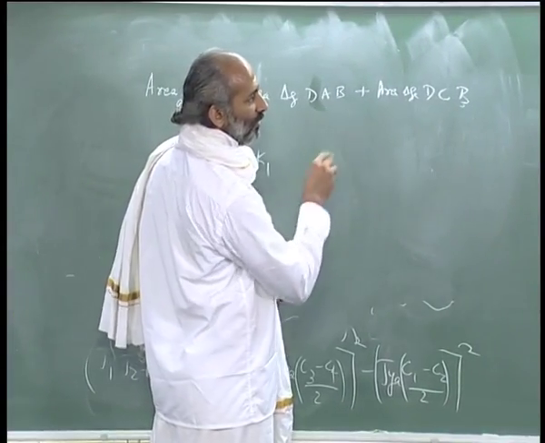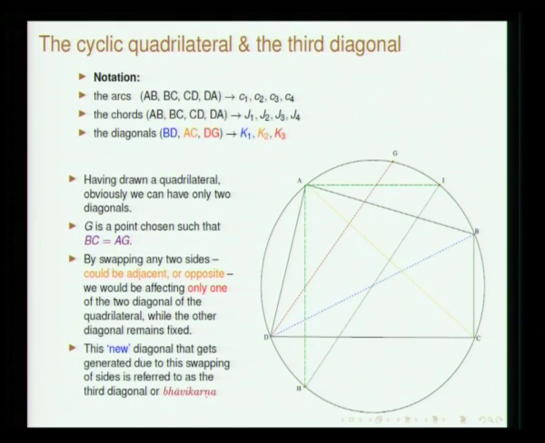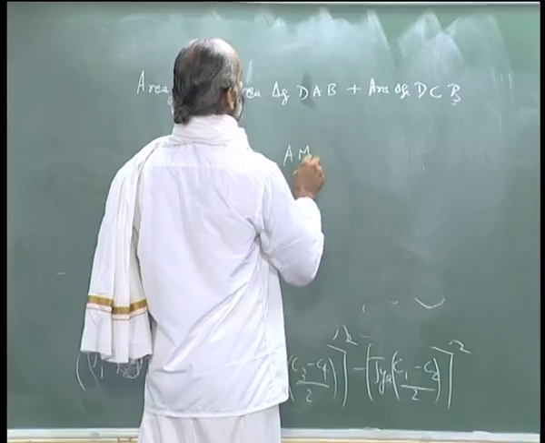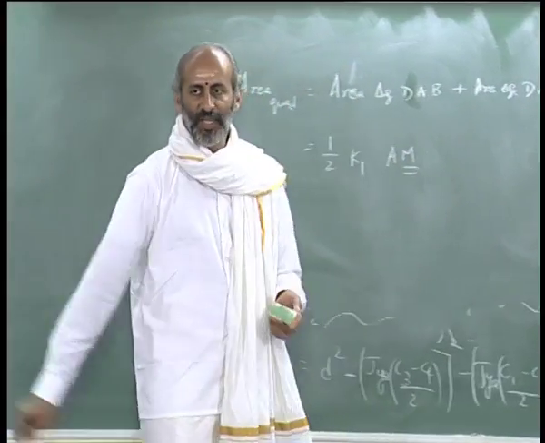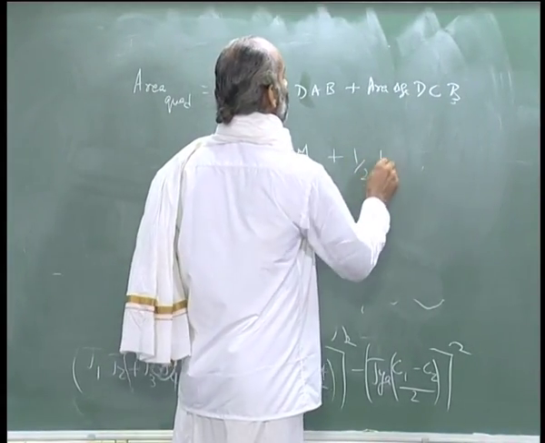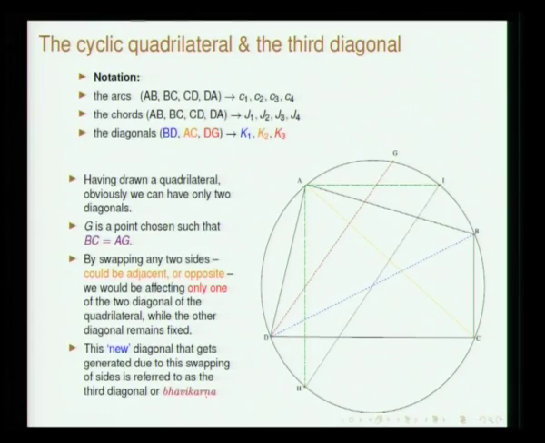So, height is the perpendicular to be dropped. Suppose you drop a perpendicular from this point and let it meet at, say, M. So, this is AM, where M is the foot of the perpendicular on K1, plus half times again K1 into the perpendicular from C, let it be N. So, CN.